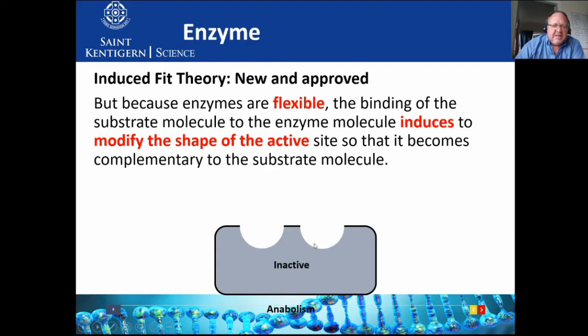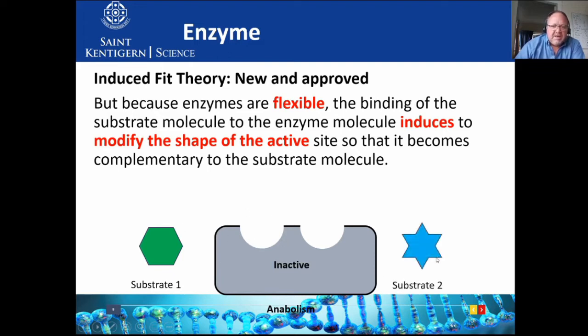So here's an inactive enzyme. Okay, it currently looks like that. Now the substrate comes along, and you can see the substrate is a hexagon. It's not a half circle or a full circle. So how can this enzyme get that to react? It induces its shape from this.